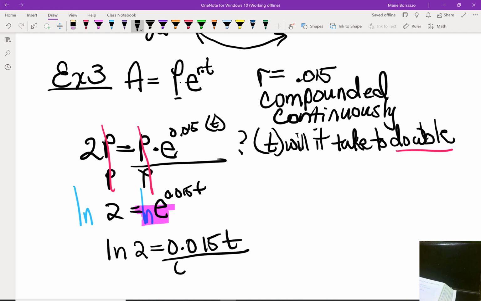So we're going to divide by 0.015 on both sides of this equation. This is going to cancel this value, and therefore t is equal to natural log of 2 divided by 0.015. Throw it into the calculator. You should get 46.21. That's example 3.